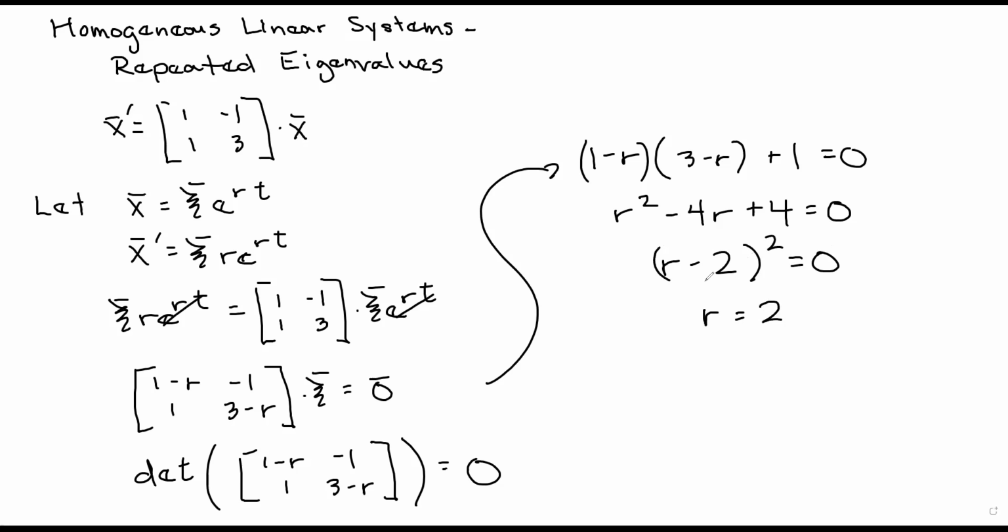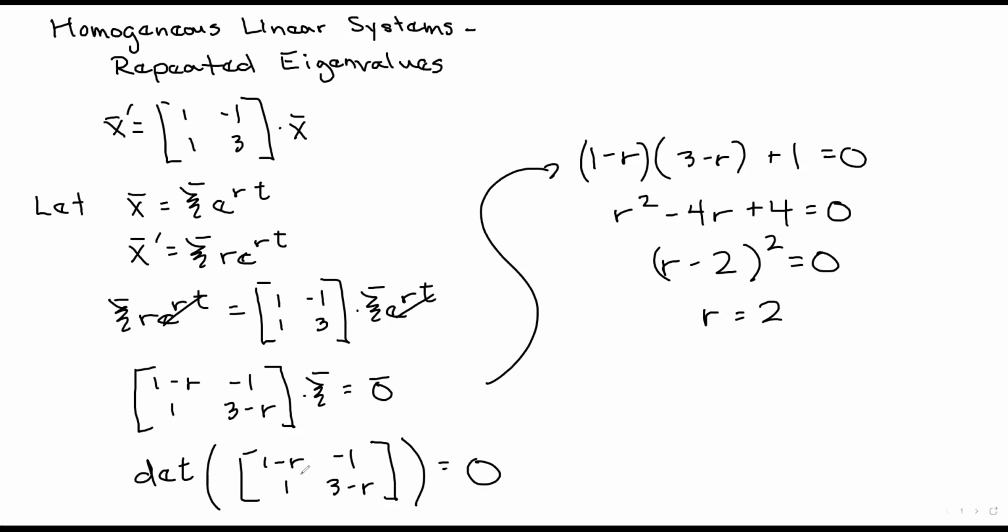Let's ignore that for the moment. We'll have a problem when we need a second solution, but let's find the solution using the one eigenvalue we've got. We take the eigenvalue r equals 2 and plug it into this system to find the xi vector, our eigenvector.